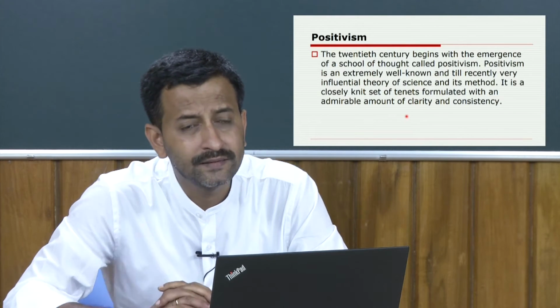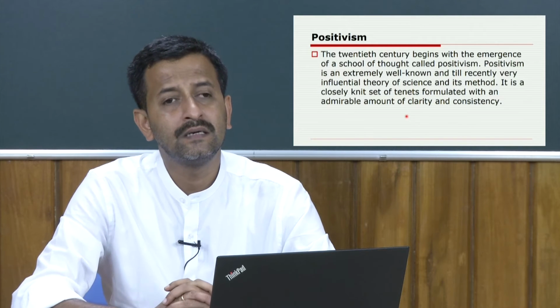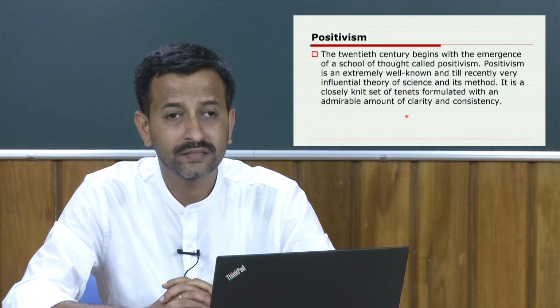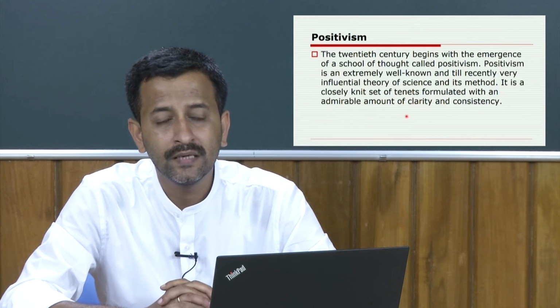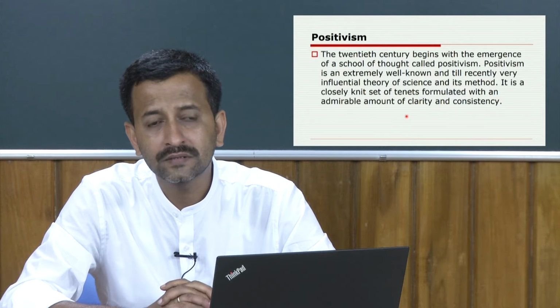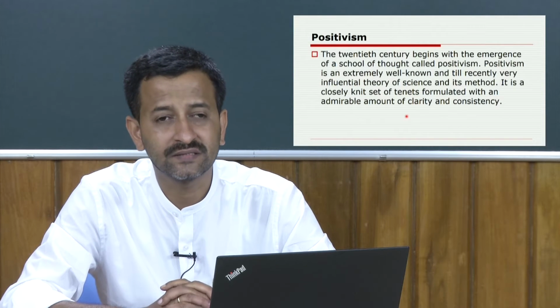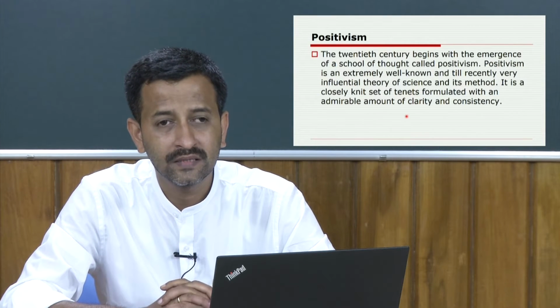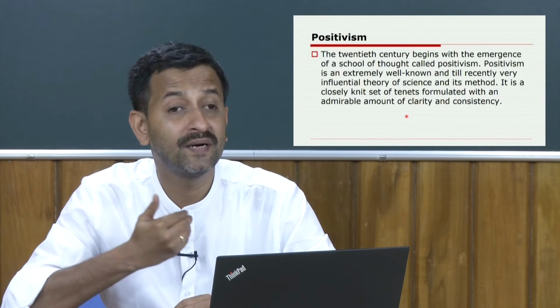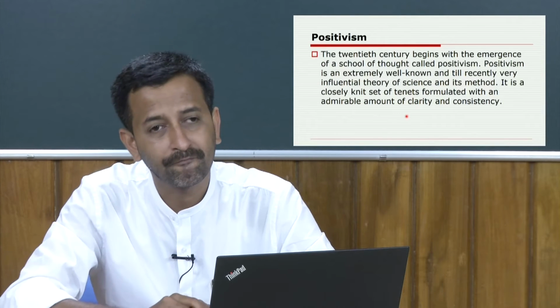If you look at the law of stages by Auguste Comte, you find that Comte followed three stages in the development of society, in the development of our economy, culture and polity.